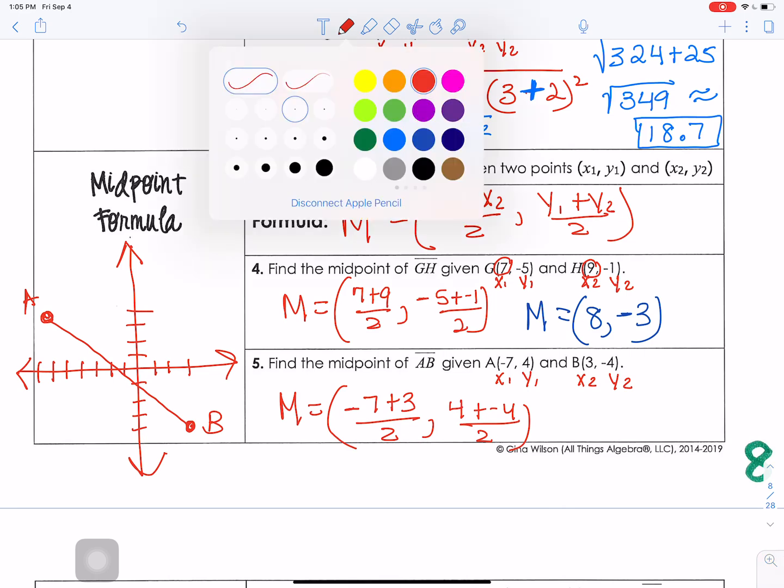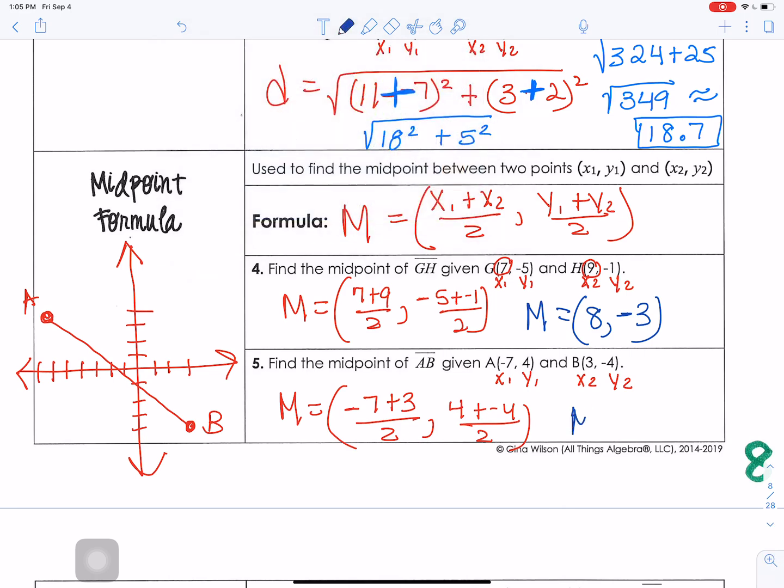And then let's calculate this. So negative 7 plus 3 is negative 4, and negative 4 divided by 2 is negative 2. And then 4 plus negative 4 is 0, and 0 divided by 2 is 0. So the midpoint is at negative 2, 0 right here.